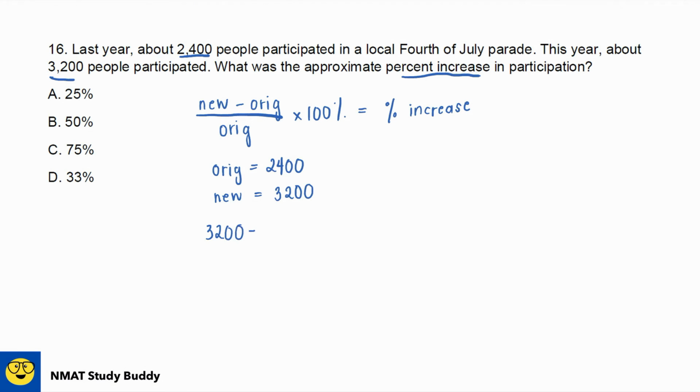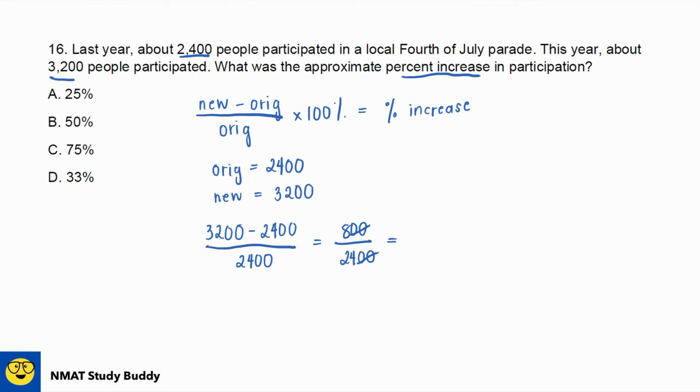3,200 minus 2,400 divided by 2,400. So, ito, pag sinubtract nyo, 3,200 minus 2,400, equal yan sa 800. So, yung denominator is 2,400 and then makakancel yung 0.